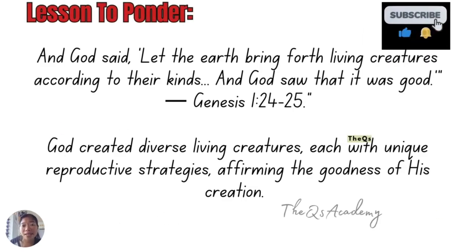God's creation. And God said, "Let the earth bring forth living creatures according to their kinds." And God saw it was good. In Genesis 1:24-25, God created diverse living creatures, each with unique reproductive strategies, affirming the goodness of His creation.